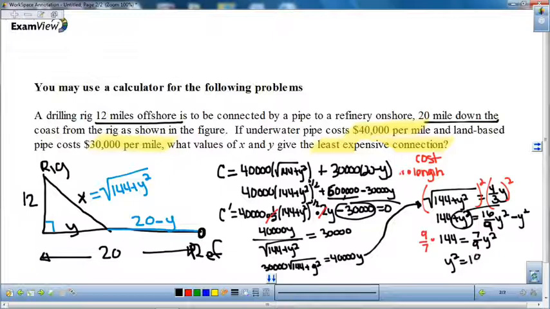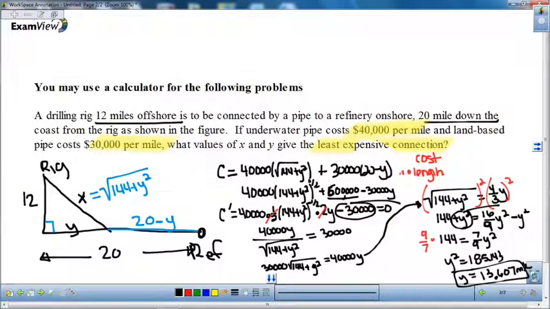That's going to be 185.143. And then taking the square root of that, it's going to be 13.607. So y is 13.607 miles.